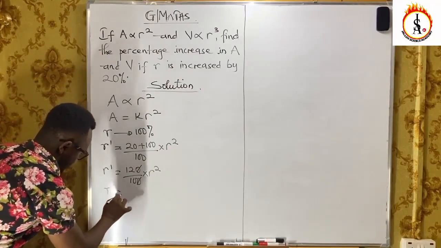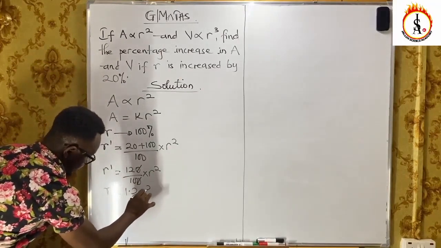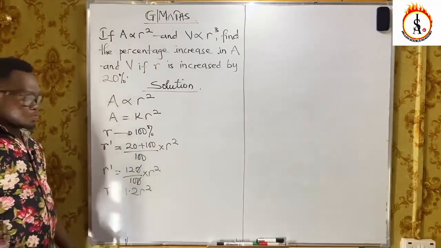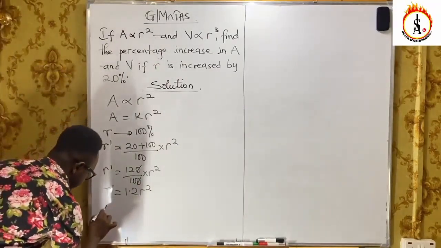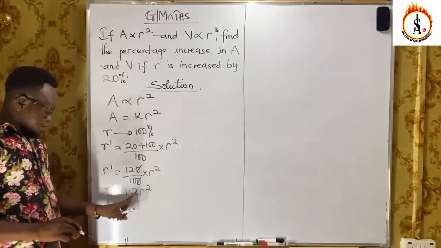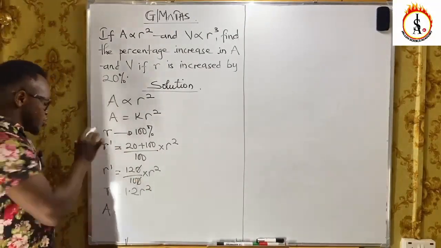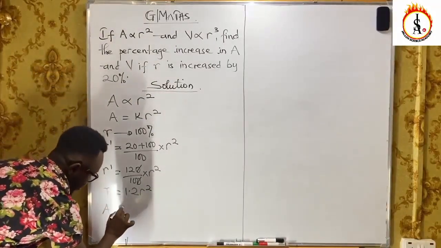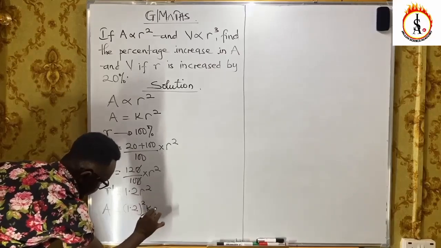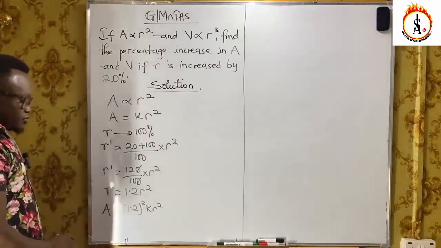So our R prime will give us 1.2 R. So now if we want to fit it into this equation, A is going to be equal to, mind you, this is squared, so this one is going to be squared. So we can say A is equal to 1.2 squared and then KR squared.